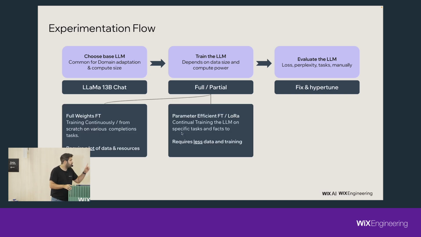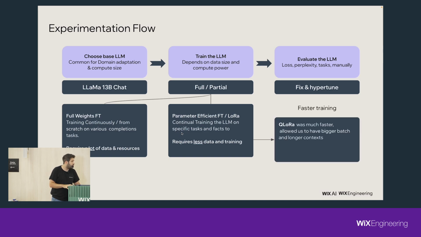So for the training, you have full weight fine-tuning that requires a lot of data and resources, what we called before DAP, Domain Adaptive Training. And we have partial training, which is, if you know LoRA, you can train with much less data. And with LoRA, we also recommend using QLoRA, which allows you much faster training, bigger batches, and longer context.